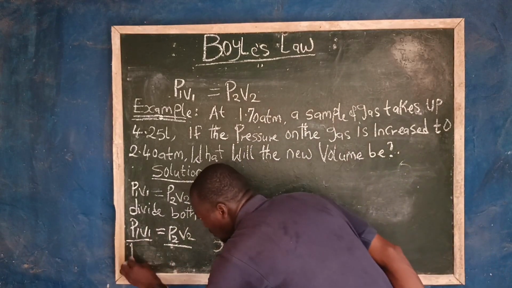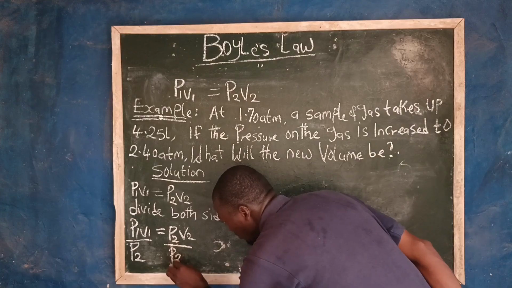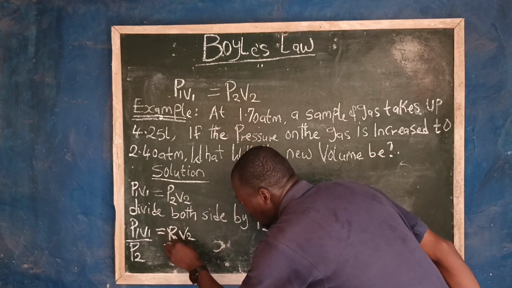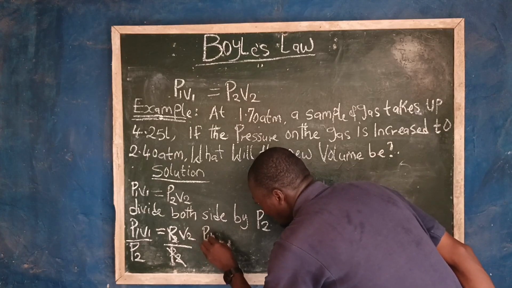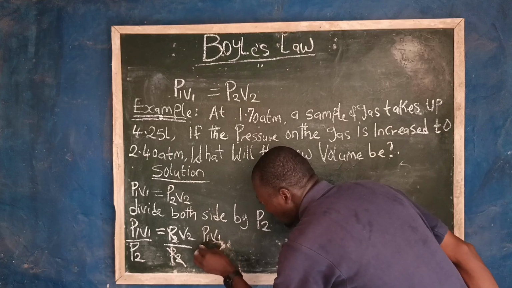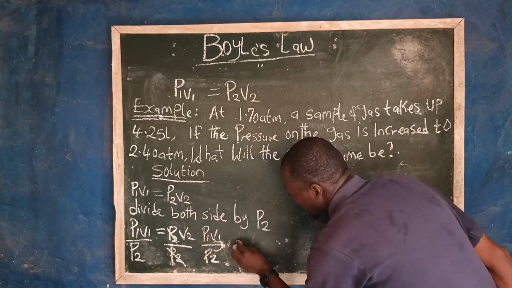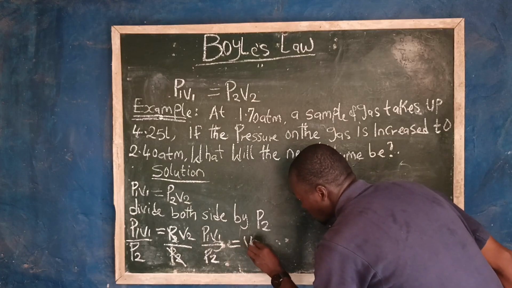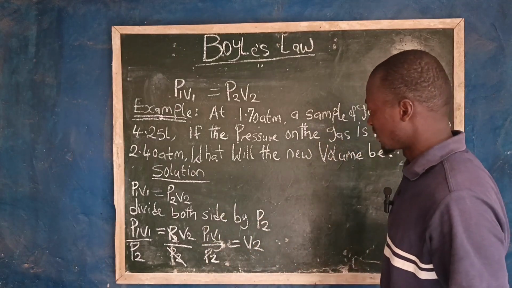Now here P2, and here P2. This P2 cancels this P2. Remain with what? P1 V1 all over P2 equals V2. Now, this is our formula that we are going to use to calculate this problem.